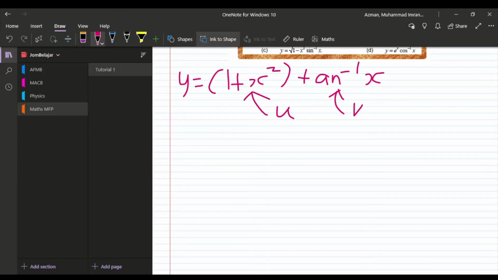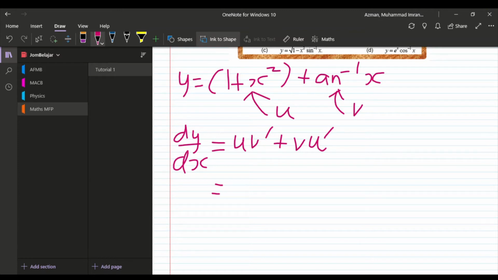So for the product rule, what we discussed just now is uv prime plus vu prime. Alright, so let's do the uv prime part.